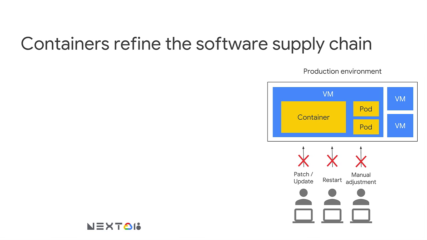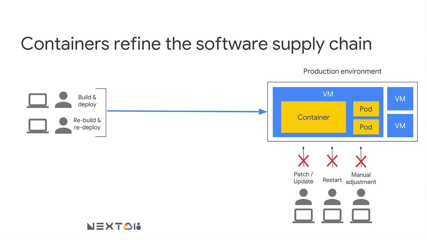You don't have a number of people applying changes to the software directly anymore. Instead, developers have to rebuild and repush a container in order to apply any changes to it, because containers are immutable. So now organizations have a centralized choke point where all changes to production deployments are applied.